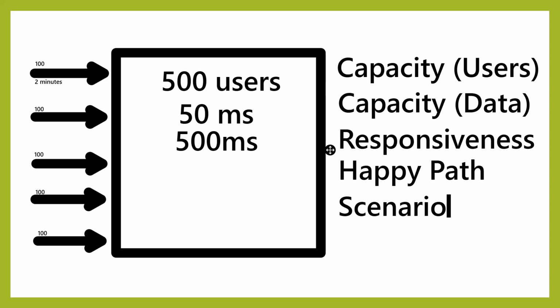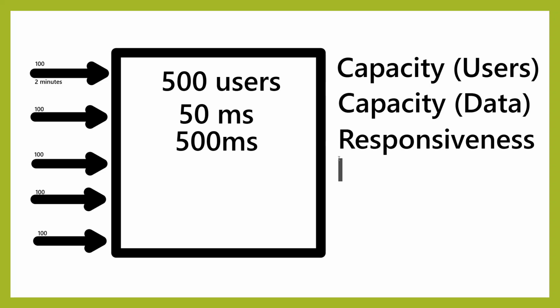In a happy path scenario, we go with the basic flow that everyone uses in the application. For example, if it is an e-commerce website, then everyone would be coming, adding products, and then ordering the items. So it should be able to perform all the steps in a very fast way.